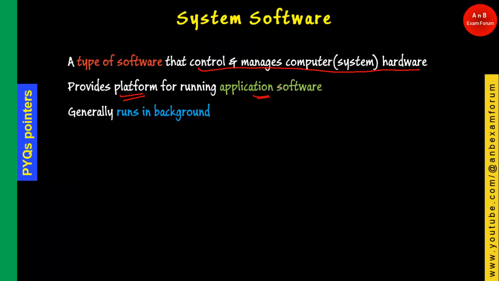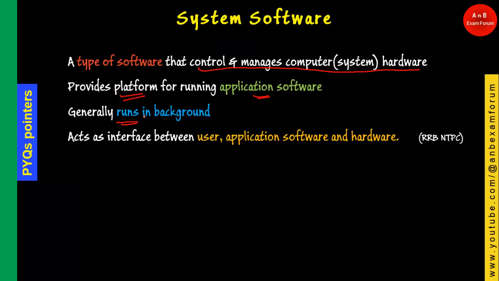And all the system software generally runs in the background. For example, if you are looking at your mobile or computer system, there is one operating system which is running behind the applications which you have opened. And it acts as an interface between user, application software and the hardware, and this pointer was asked in RRB NTPC.